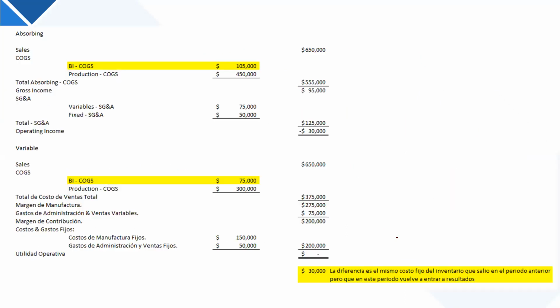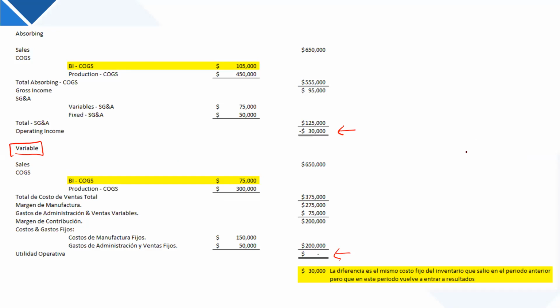I mean, if you think about it, here you had a bad business, here you had a not so bad business, not so bad month. So maybe if you have an investor, you will be inclined to show him the variable method of your income statement, because you have less loss in that period.